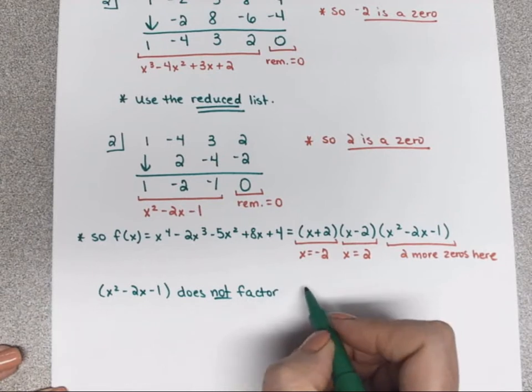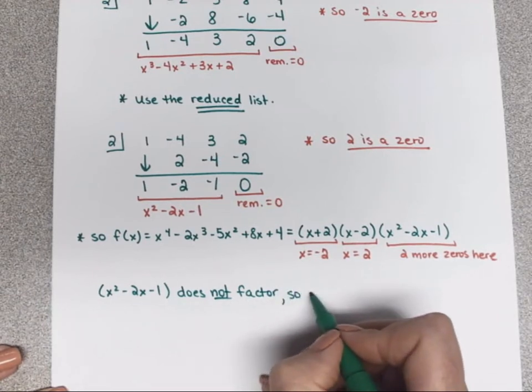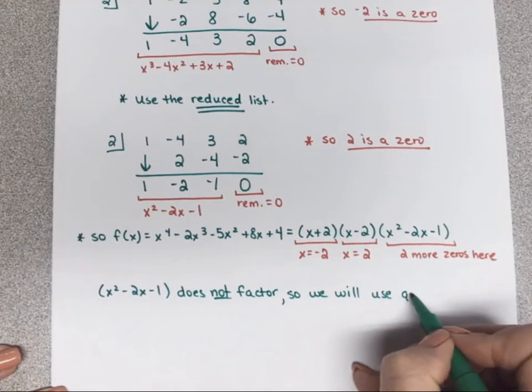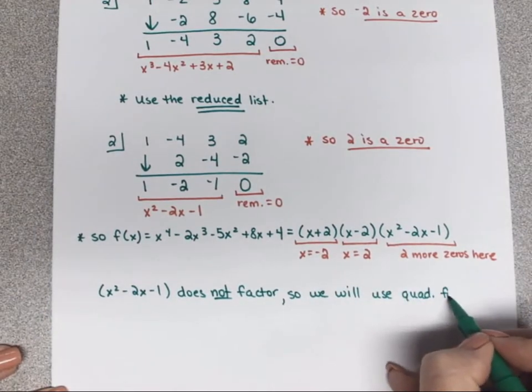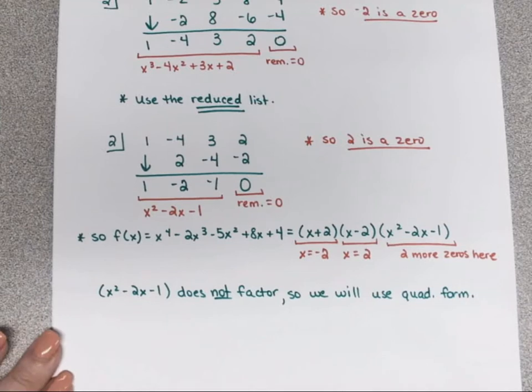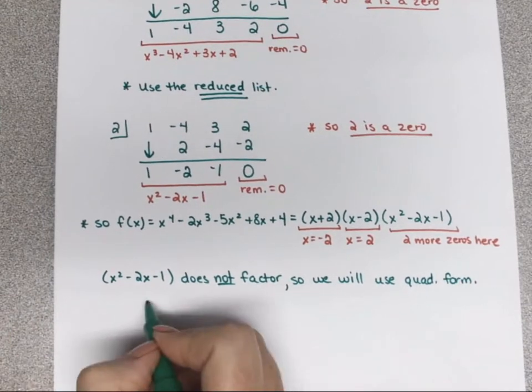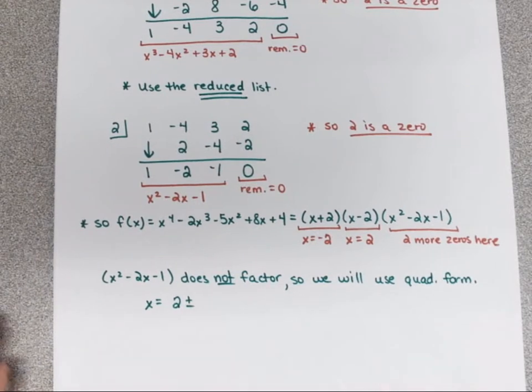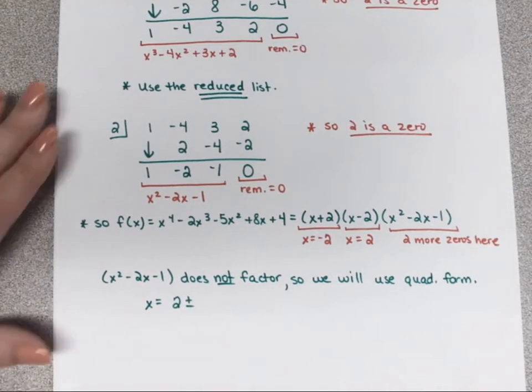So since it doesn't factor, we will use what? Quadratic formula. So we get x equals -b, right? So since b is negative, it's positive 2.